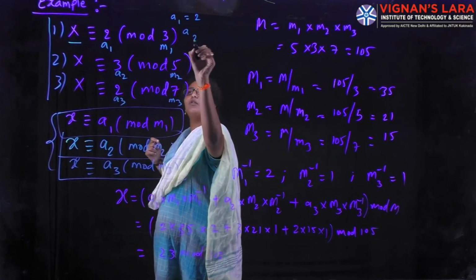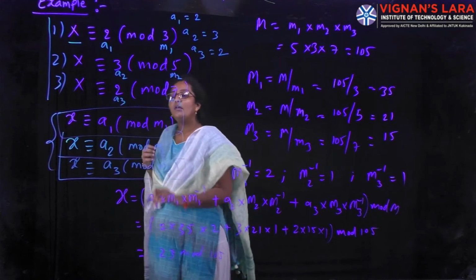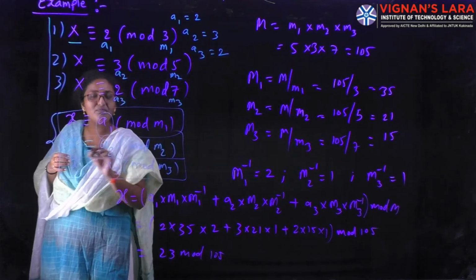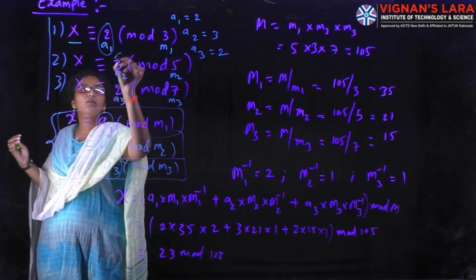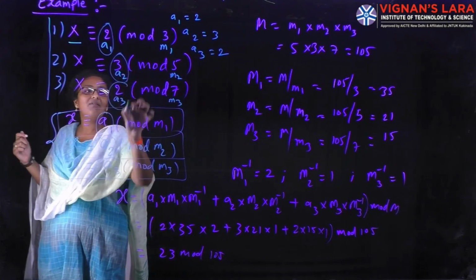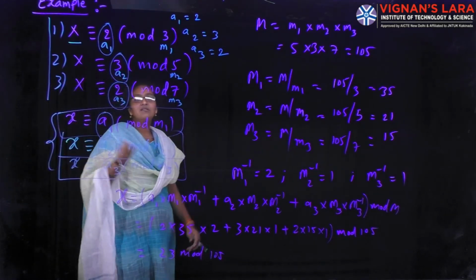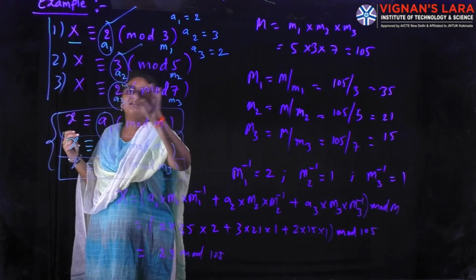What is the value of a2? A2 equal to 3. What is the value of a3? A3 equal to 2. So by comparing the congruent equations from the Chinese remainder theorem with our example, we got the values of A1, A2 and A3. A1 is 2, A2 is 3, A3 is 2.